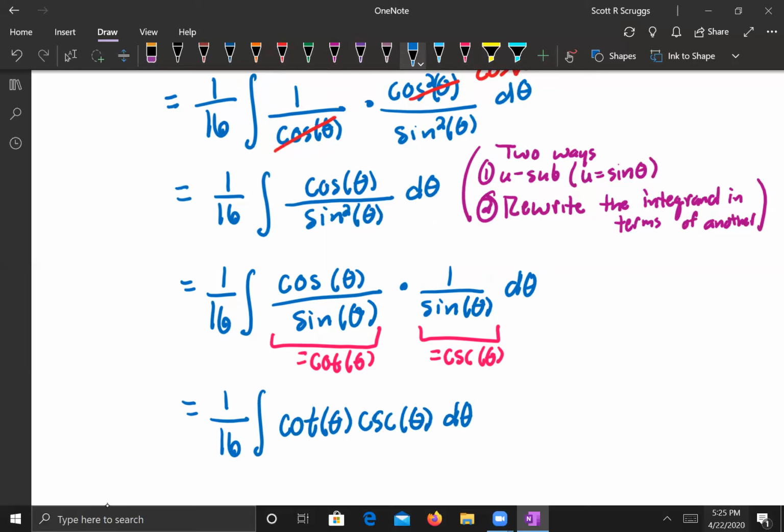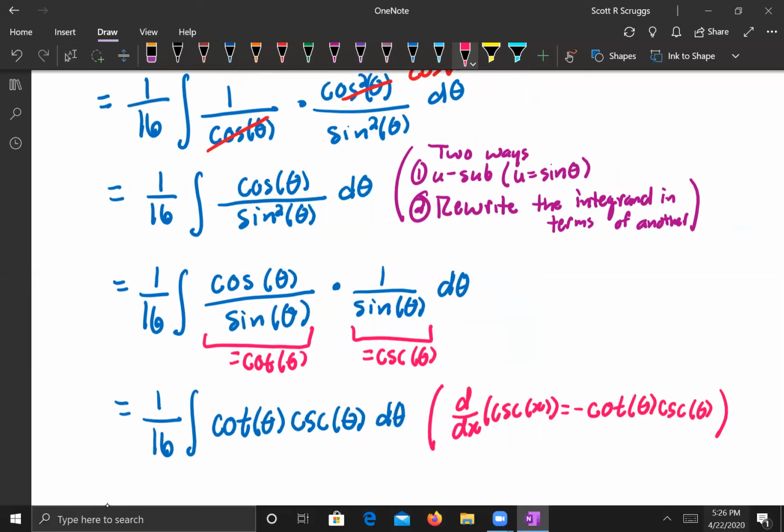And as mentioned in the chat, I'm going to get negative cosecant because the derivative of cosecant is negative cotangent of theta times cosecant of theta.